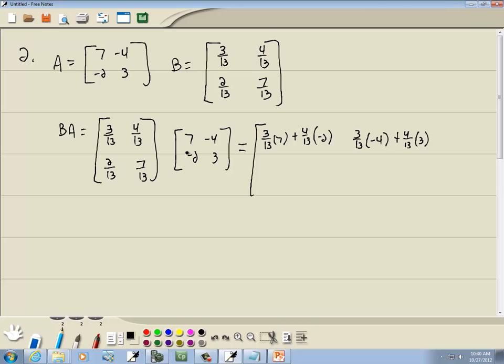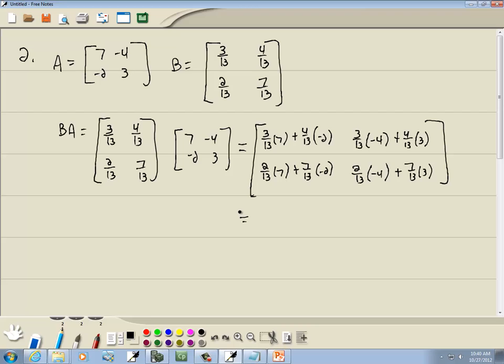Then our second row times our first column. So we got 2/13 times 7 plus 7/13 times -2. And our second row times our second column. So we got 2/13 times -4 plus 7/13 times 3.